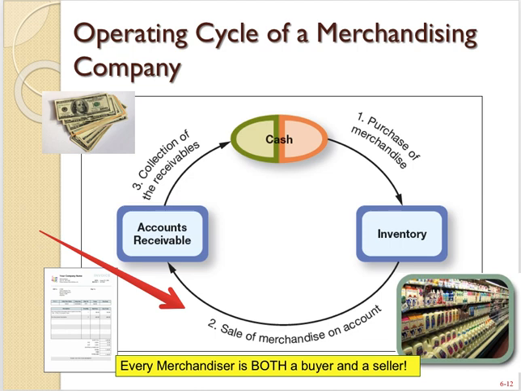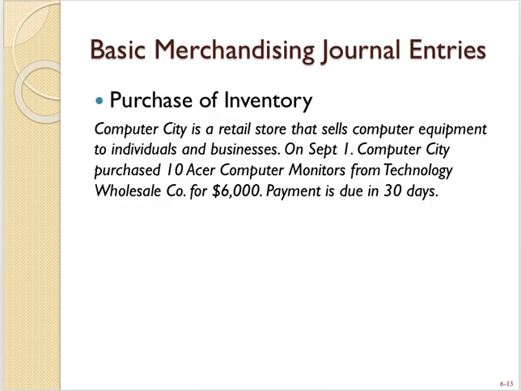So first, let's talk about a basic purchase journal entry. In this case, our basic purchase of inventory, here's our description. Computer City is a retail store that sells computer equipment to individuals and businesses.